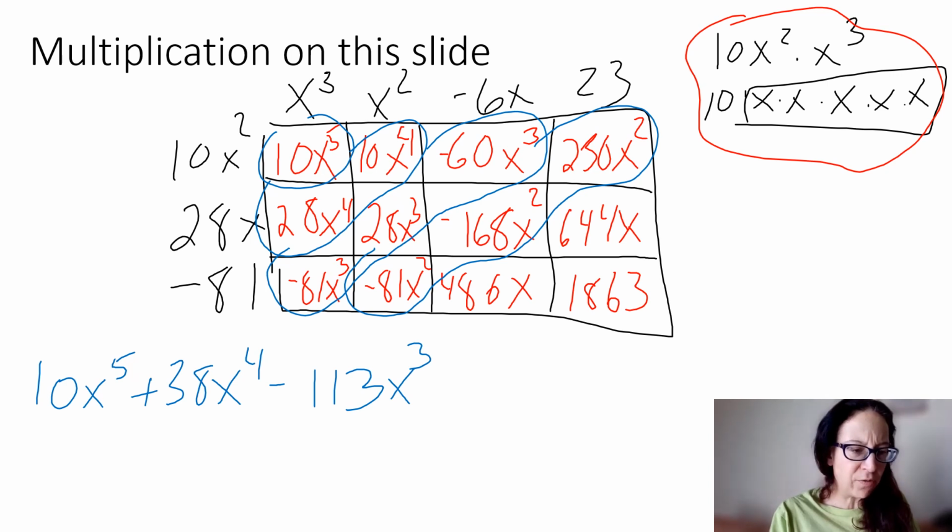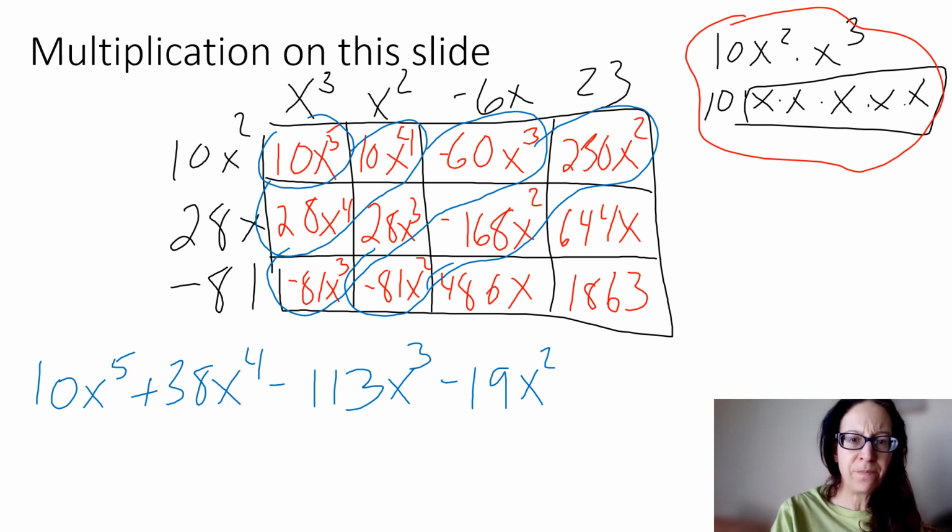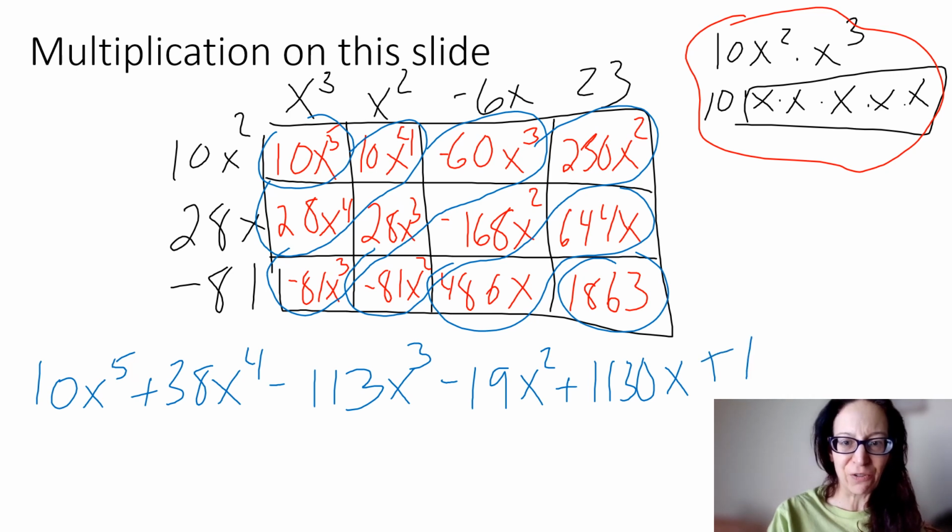So we have 230 minus 168 minus 81, which gives us negative 19x squared. This one is 644 plus 486. Lovely. 1,130x. And then, of course, that's our Lone Ranger down there.